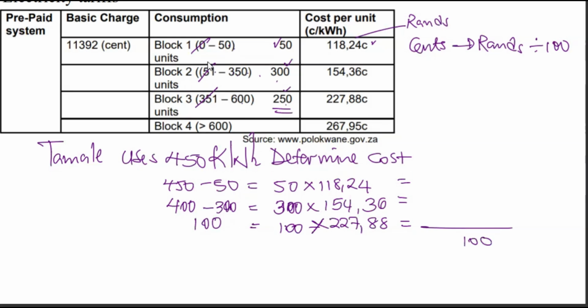If they don't talk of including or excluding, leave it the way it is. So let's see, 50 times 118,24, you get 5912. We have 300 times 154,36, whereby you get 46,308.